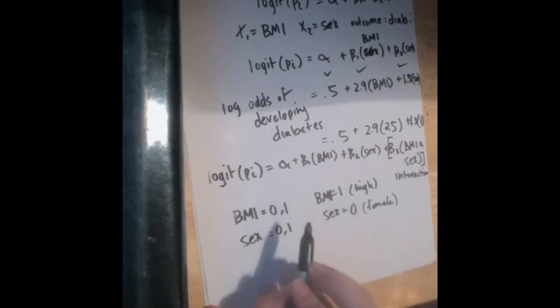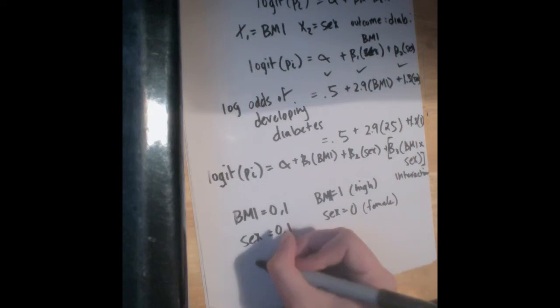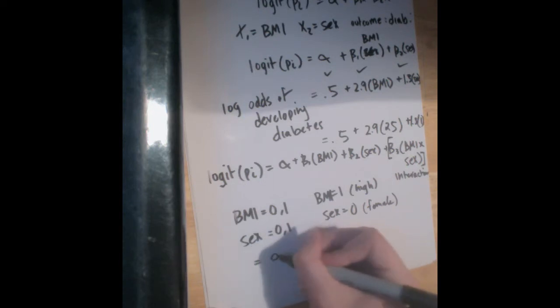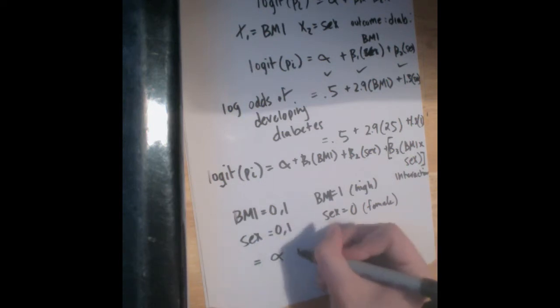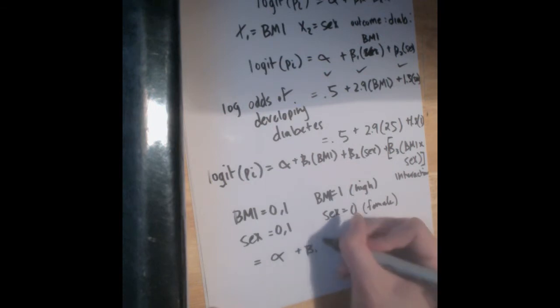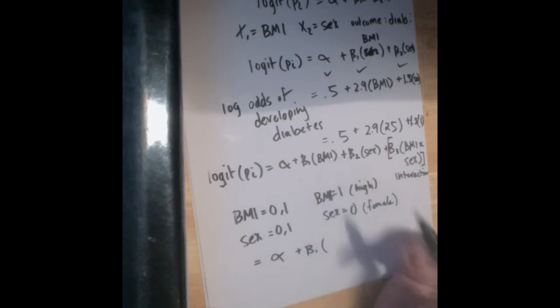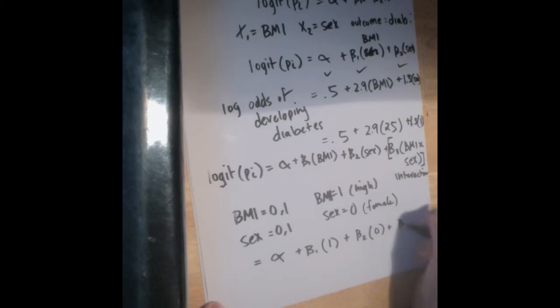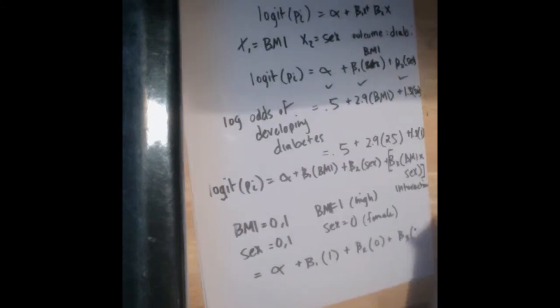So when we start doing this, we're going to have our first equation. It's going to be our constant variable again, plus beta 1 times 1, because BMI is equal to 1 for the high group, plus beta 2 times 0, plus beta 3 times 1 times 0.